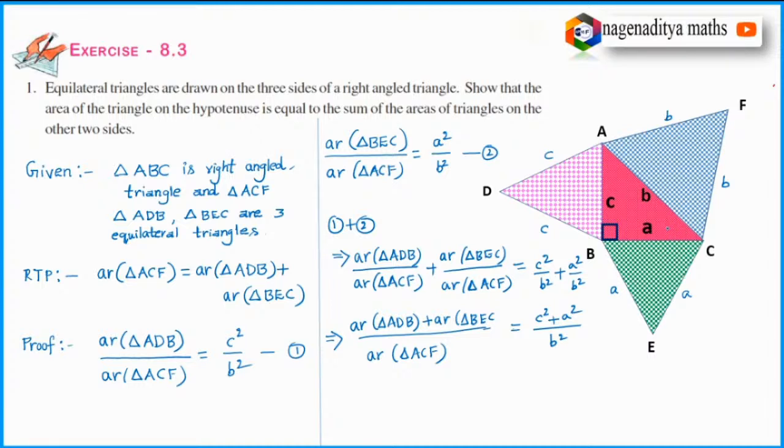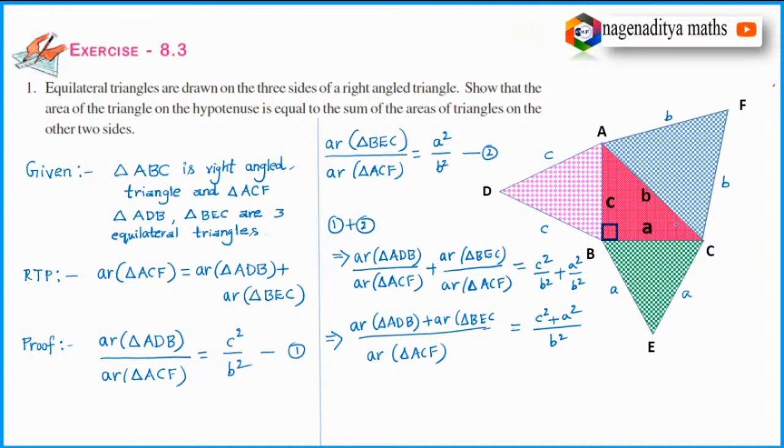So later we learned the theorem. So before going to learn, let us know this property of Pythagoras theorem. So what is Pythagoras theorem? In a right angle triangle, the square of hypotenuse is equal to the sum of squares of the remaining two sides.